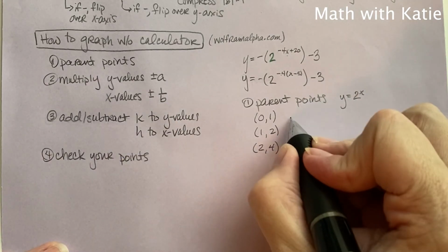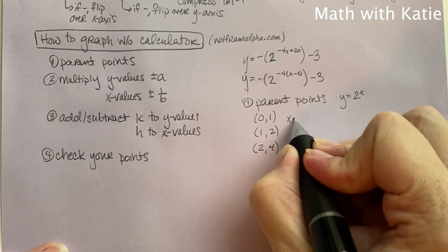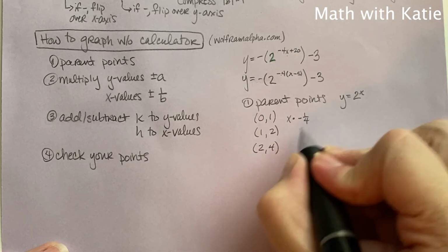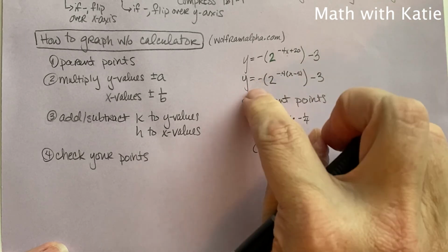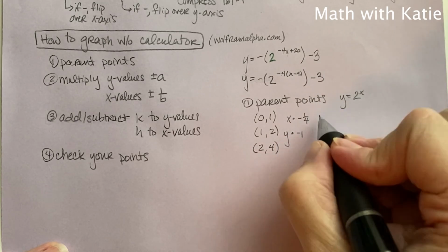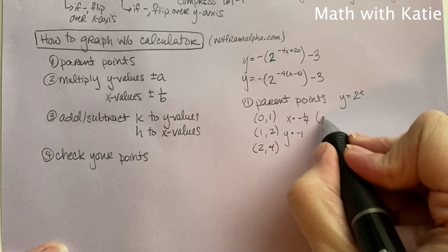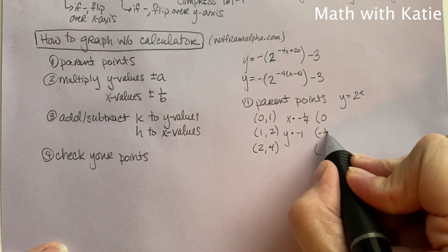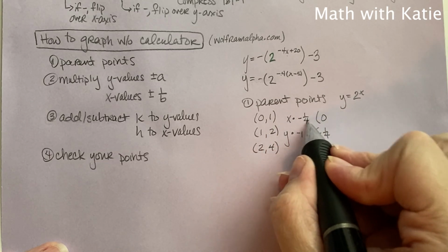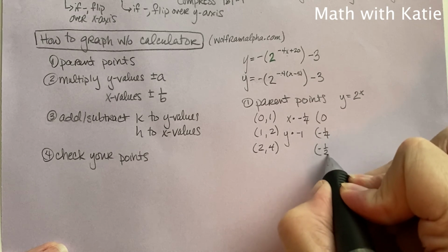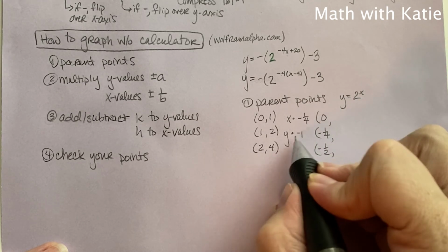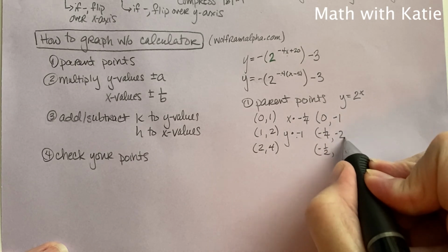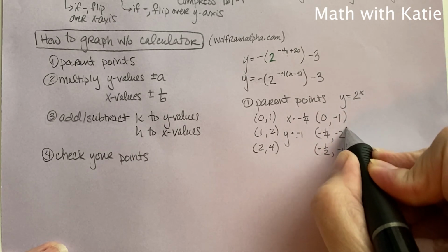So this is going to be x times negative 1/4 and y times negative 1. So we have 0, 1 times negative 1/4, and 2 times negative 1/4. And the y's times negative 1: negative 1, negative 2, negative 4.